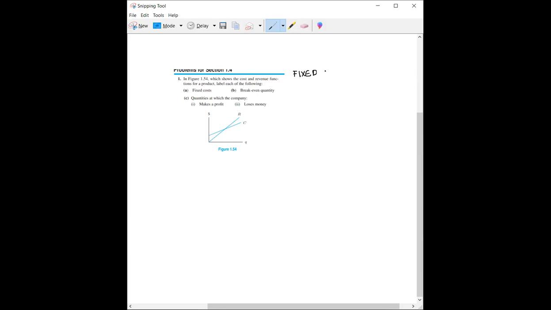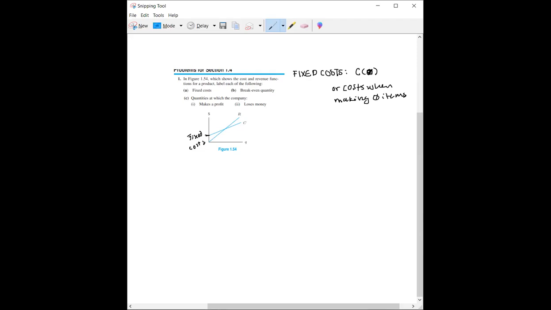Well, the fixed cost is where the cost line starts, because they have to pay that no matter how much quantity they make. Exactly. So this is when we have C of 0, right?